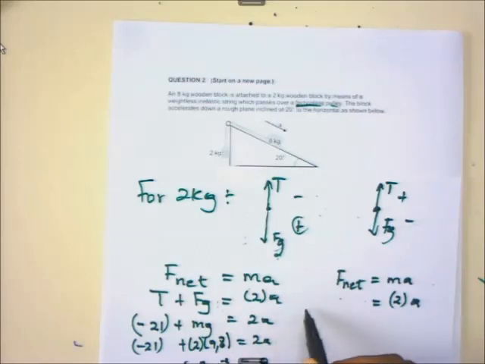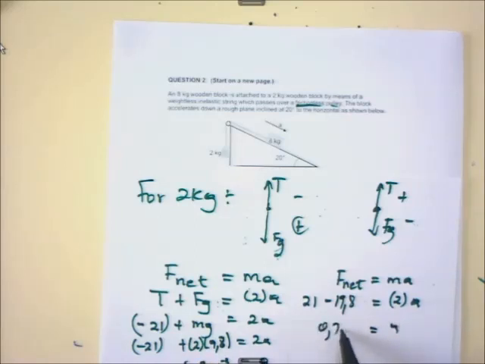Now your tension will be positive 21 plus your Fg will be minus 19.6. Therefore, acceleration will also be 0.7 meters per second squared. This is how you prove using the 2 kg block.